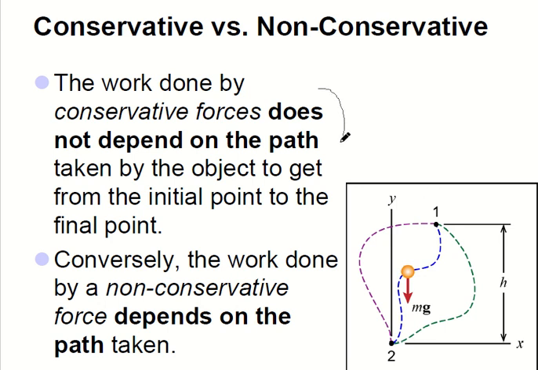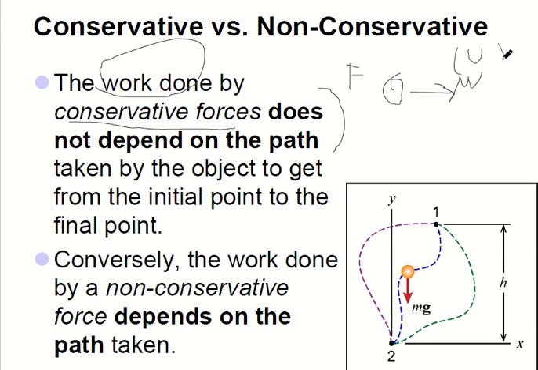So here again, if you think about the conservative forces, the work done by those types of force, because you need a force for a system to do the work, does not depend on that path taken by the object to get from the initial point to the final.